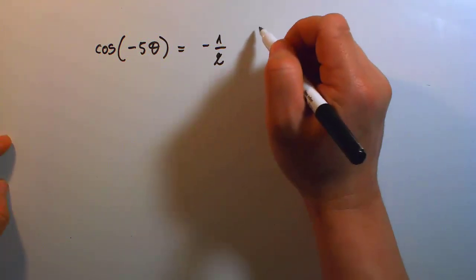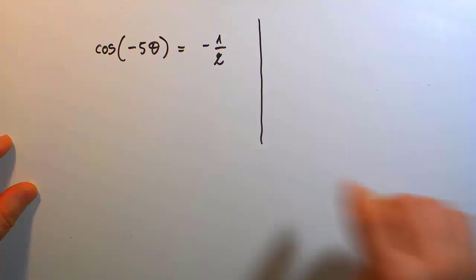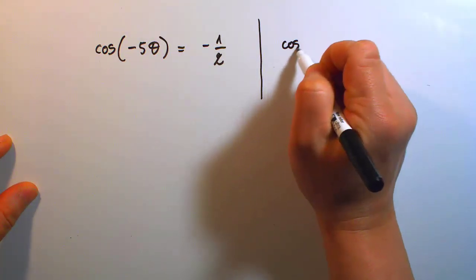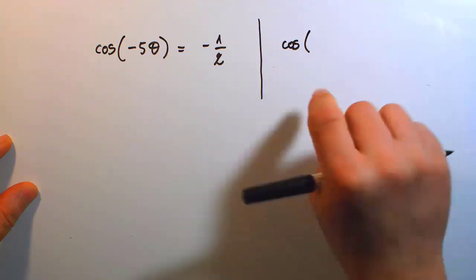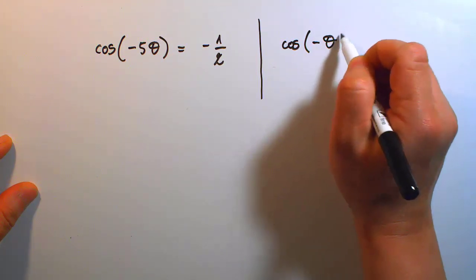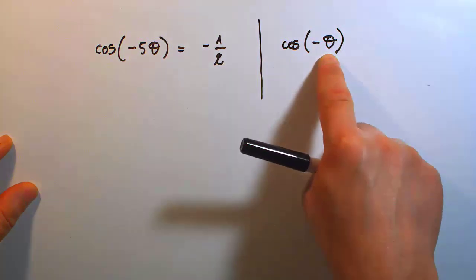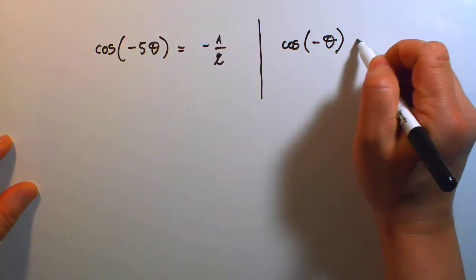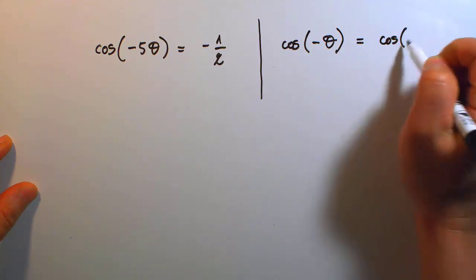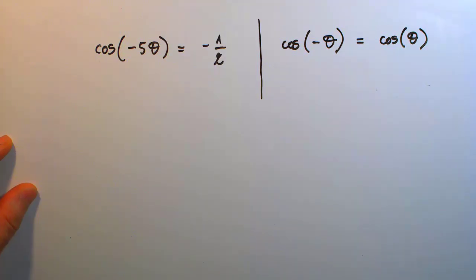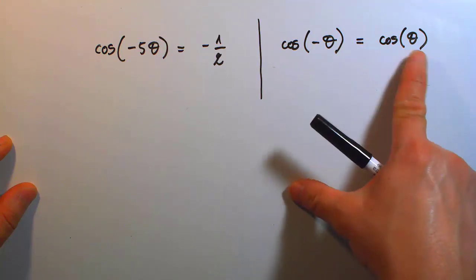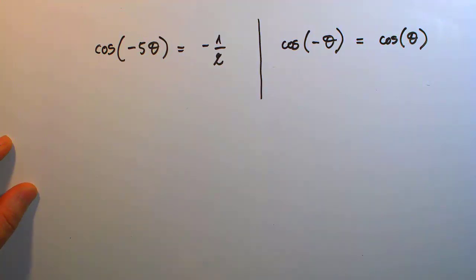The only workaround here is to remind yourself that cosine is an even function, meaning when we're taking cosine of an expression with a negative sign, being even, cosine allows you to completely skip the negative sign. So cosine of negative theta equals cosine of theta. It's making things even easier for us.